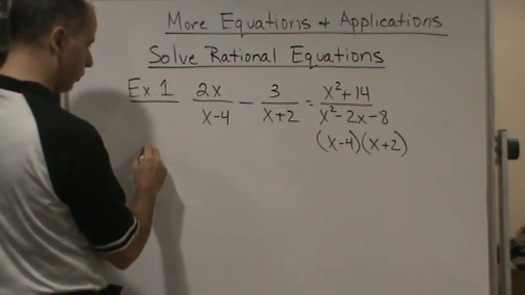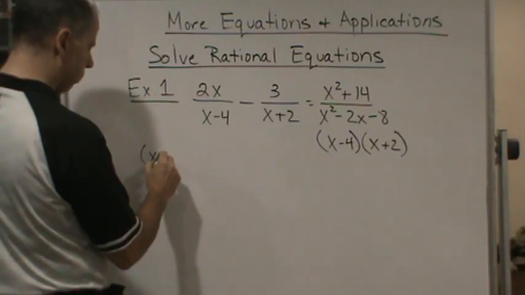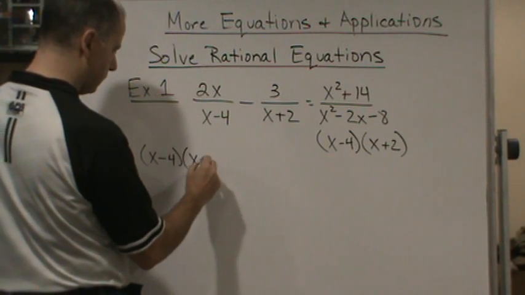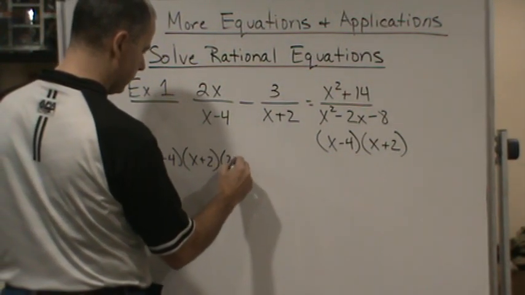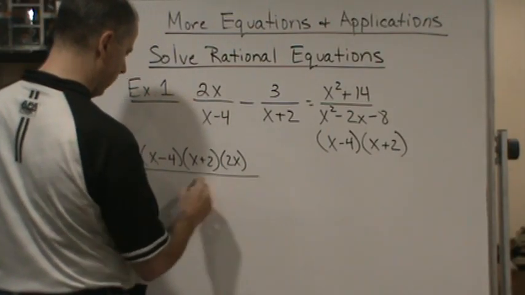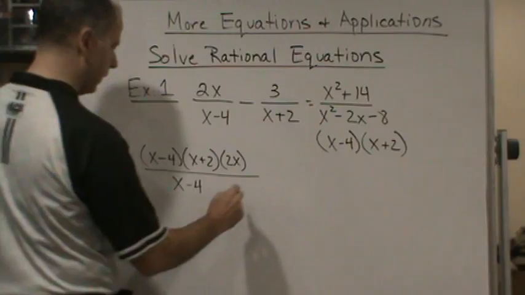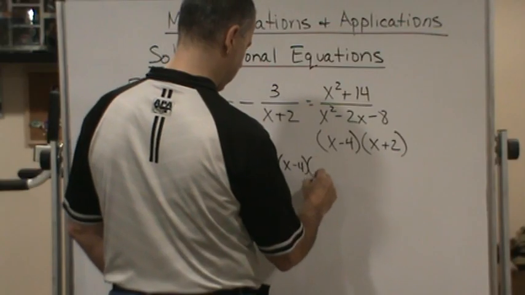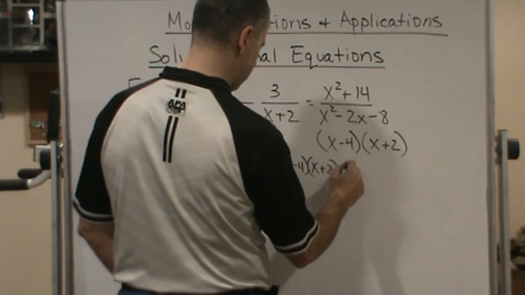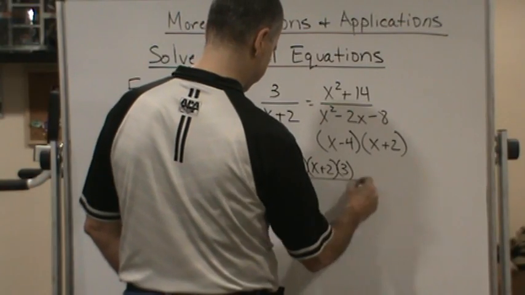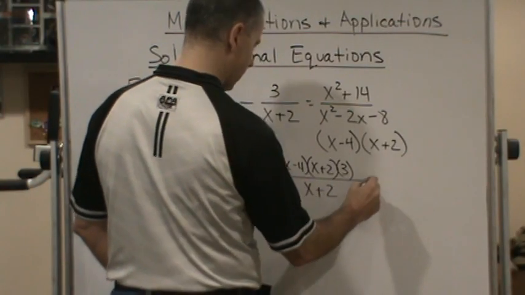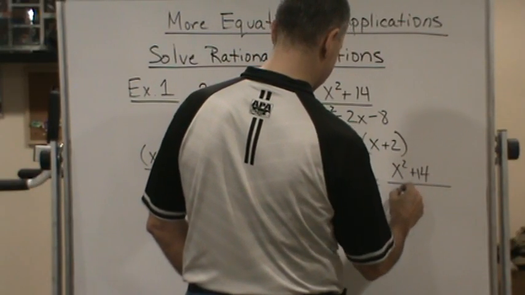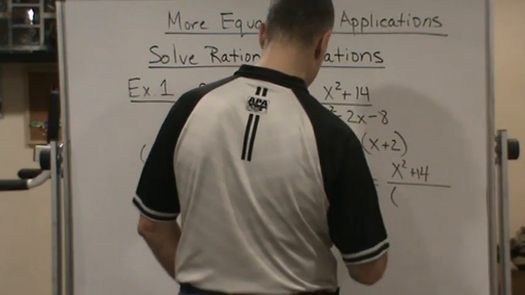We'll do x minus 4 times x plus 2 times 2x all over x minus 4, minus x minus 4 times x plus 2 times 3.